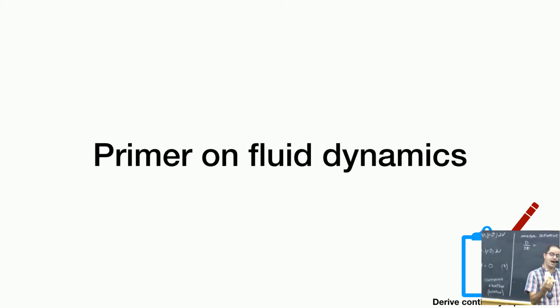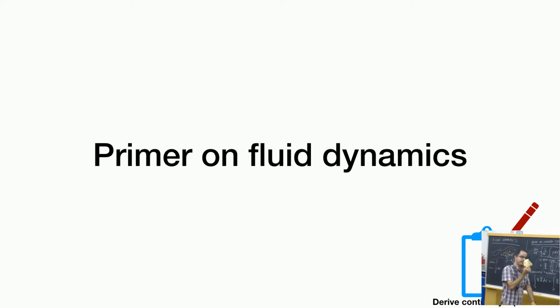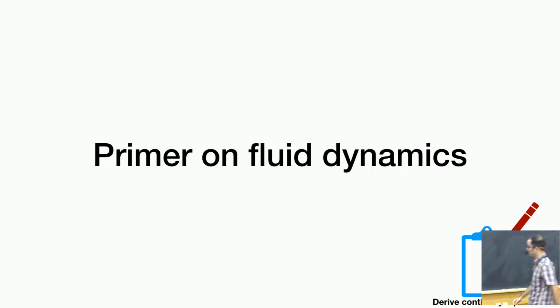Now, if I was an observer moving with the fluid element, instead of looking at the fluid and saying bye-bye, I go with the fluid, witnessing everything that is happening with it.